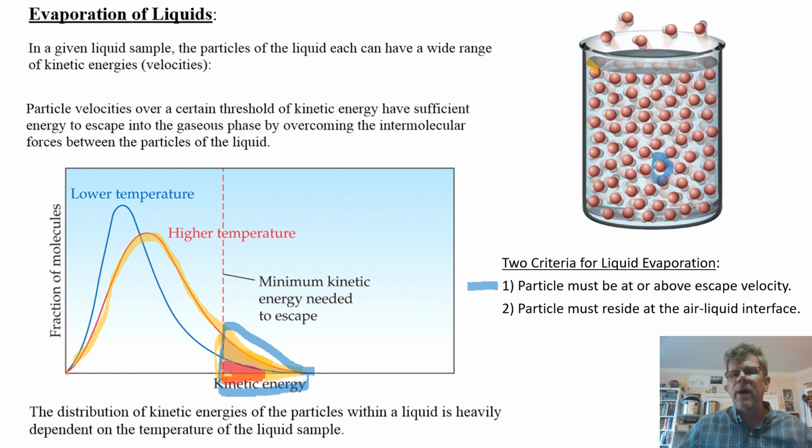It is only those particles that, number one, are at or above escape velocity, and number two, exist at the air-liquid interface only, that are able to evaporate. Two criteria. It's not just that we have at or above escape velocity, but it must reside also at the air-liquid interface.